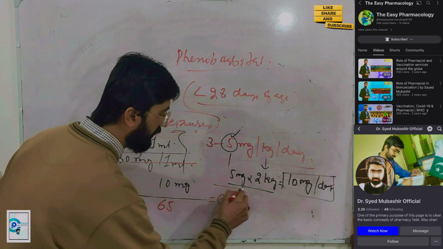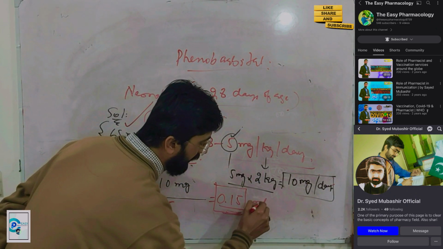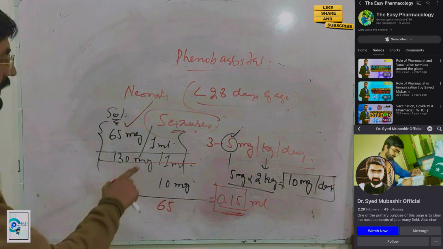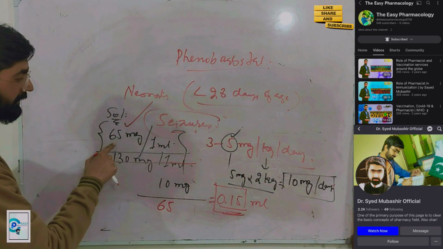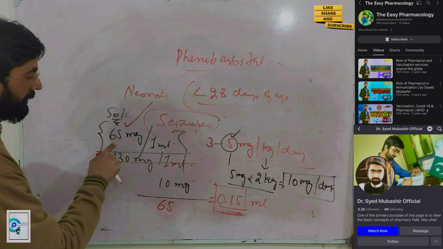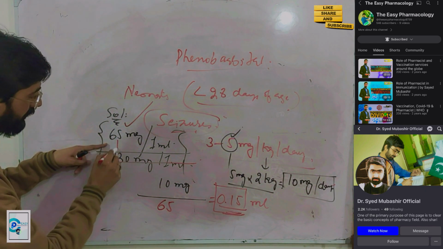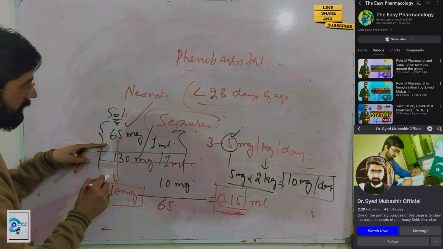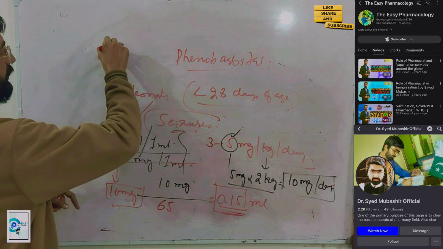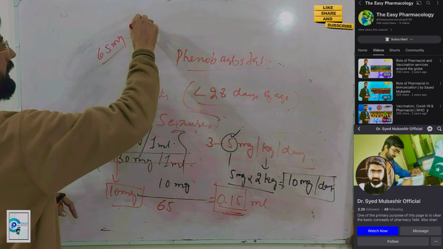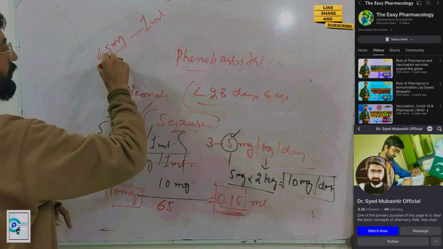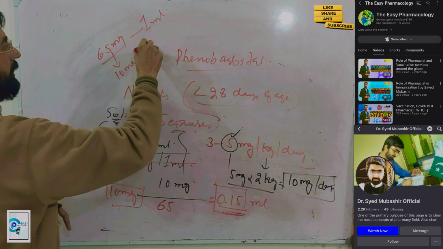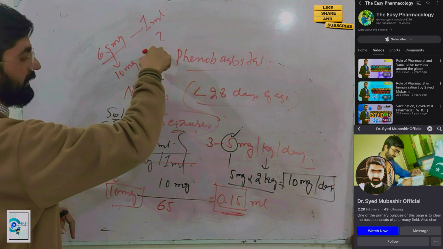Now this value is in ml. 1 ml is containing 65 milligram, but we have to give a dose of 10 milligram. So how much ml should be taken?